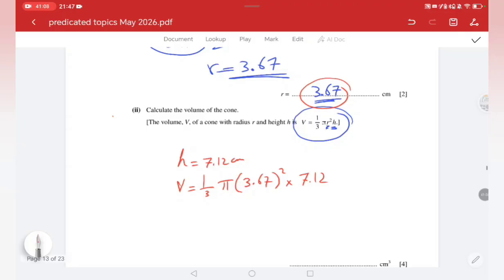Let's calculate it. The answer is 100.3.